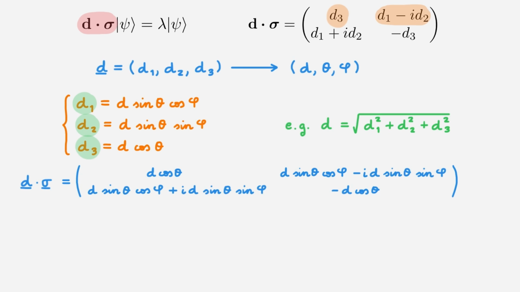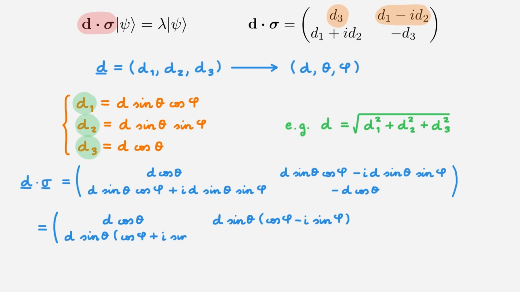Next, we can rewrite the off-diagonal terms of the matrix. To do so, we first copy the 1, 1 element. For the 1, 2 element, we take d sine theta as a common factor, and we also take d sine theta as a common factor for the 2, 1 element, and we copy the 2, 2 element as is. Remembering Euler's formula, we see that this term here is the exponential of minus i phi, and this term here is the exponential of i phi.